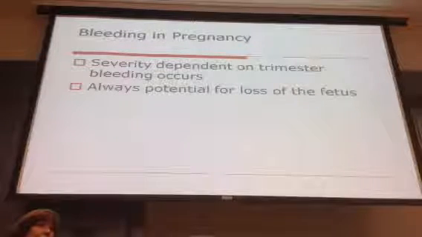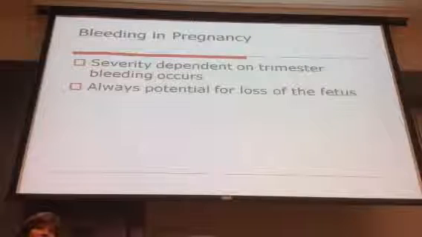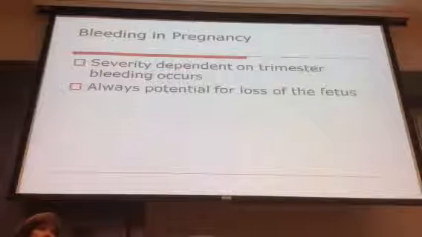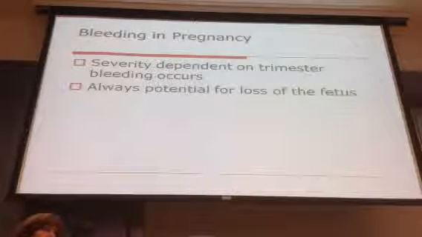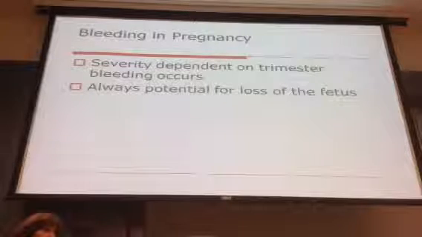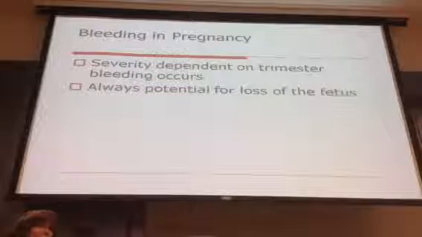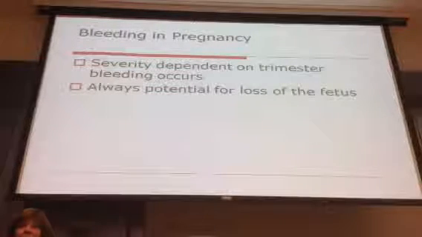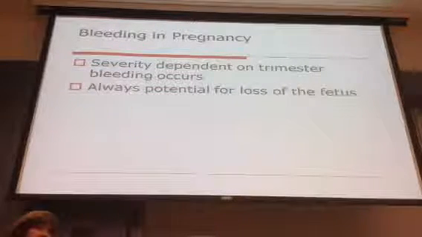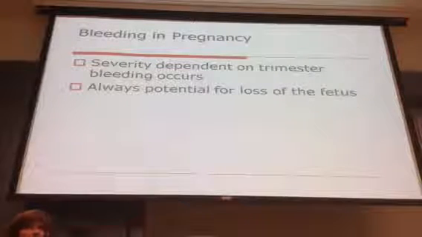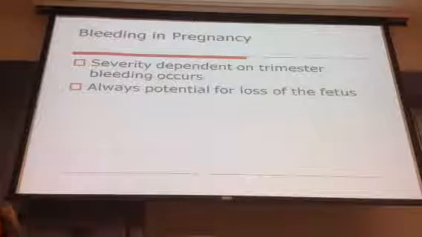We talk about this particular week because we're talking about acute problems in labor and delivery and during pregnancy. And bleeding is a situation that is always problematic whenever it occurs during a pregnancy. It has a variety of consequences depending on when it occurs during the pregnancy.